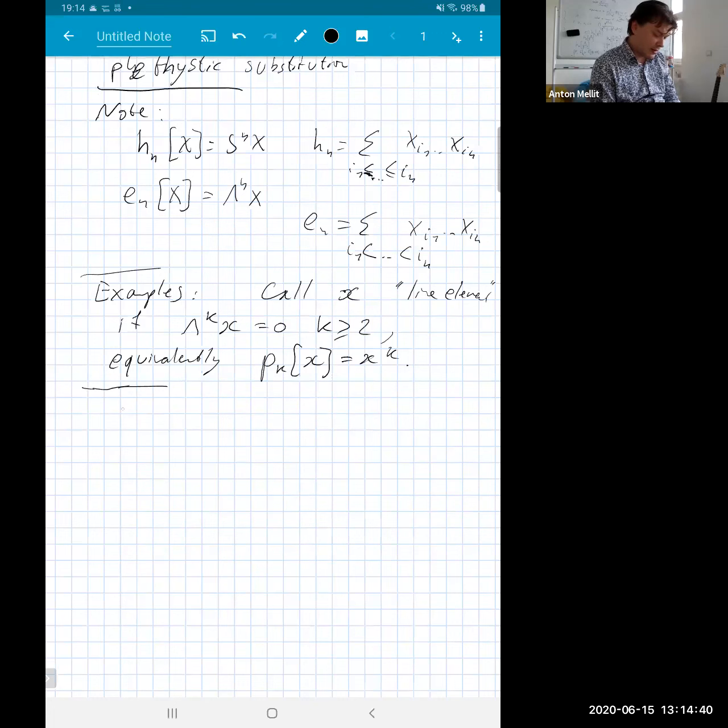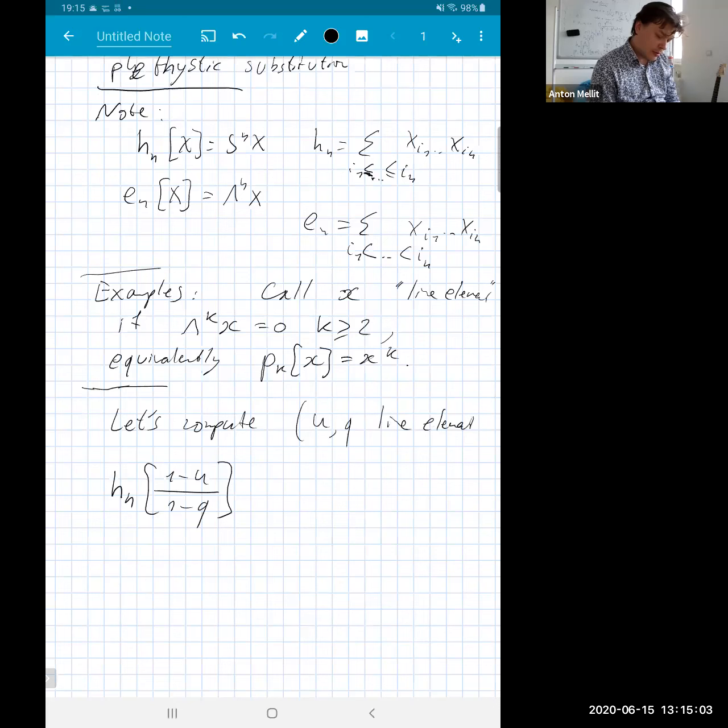Then one example. Let's compute H. This is my favorite formula. Let's compute this where U and Q are line elements. This is going to be the Q binomial formula, right?